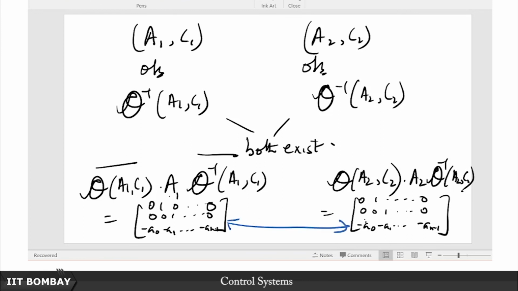So if this is the observable realization that I have obtained sitting here in Mumbai, and this is the observable realization that you have obtained sitting there in Delhi for the same transfer function, if we both carry out this sort of a similarity transformation with our corresponding observability matrices, we will both end up with the same matrix. What does that tell us?